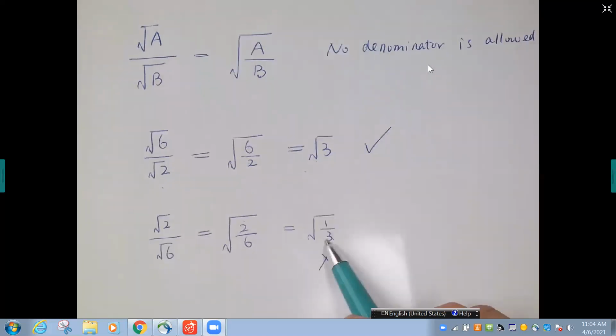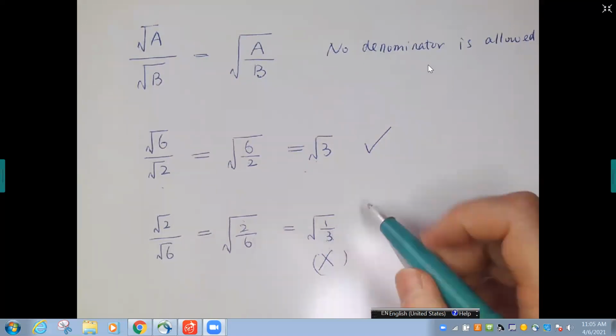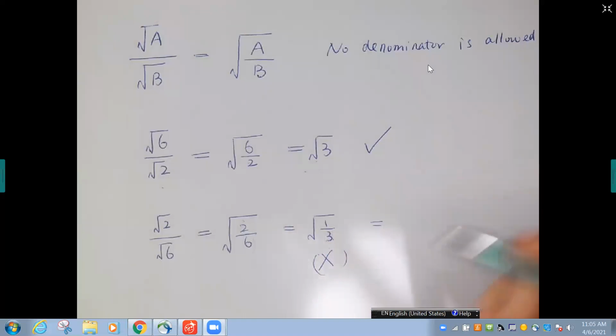So we have 3 here. See, 3 cannot stay inside. If it cannot stay inside, it means we have to move it outside. But we cannot just move it. We have to follow the rule. The rule tells us one can move something out of the radical symbol when it has a square, when it has the exponent 2.